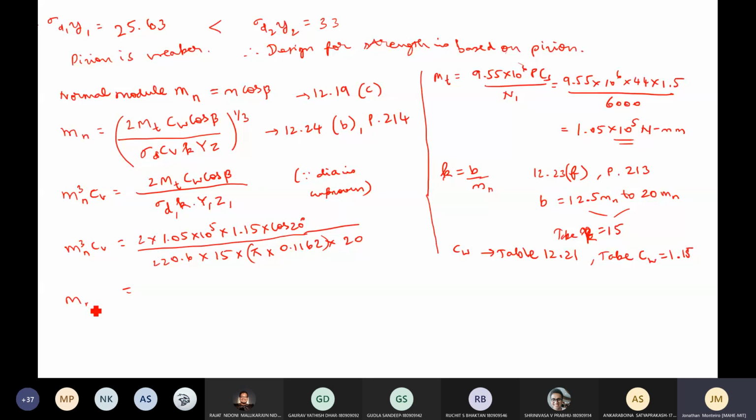So what is the Mn cube Cv which is required? 7.81.